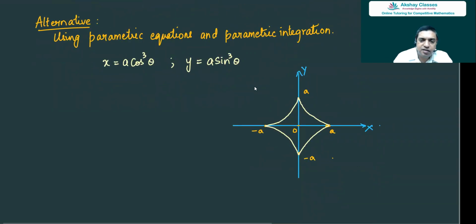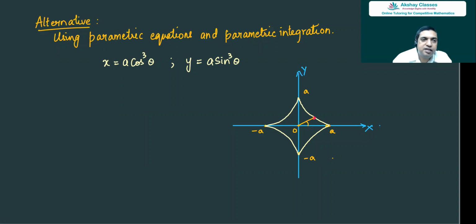So this parameter represents the, suppose there is a point. Of course, many times it may be difficult to identify the parameter. Suppose there's a point on the curve, and you draw a line joining the origin to the curve.